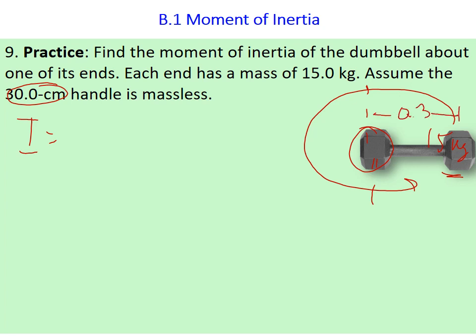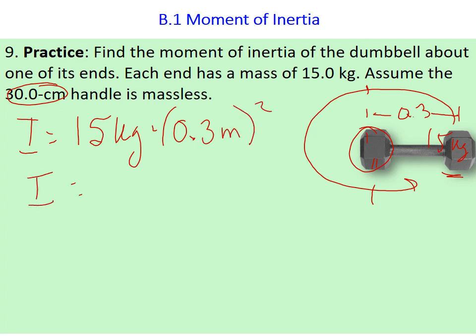So now we will get the mass. It is 15 kilograms as previously stated, times 0.3 meters squared. And we get 1.35 kilograms times meters squared. I'm trying to save a little time on the videos with my calculations.